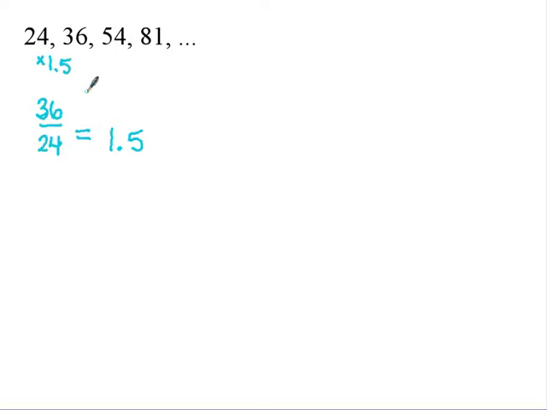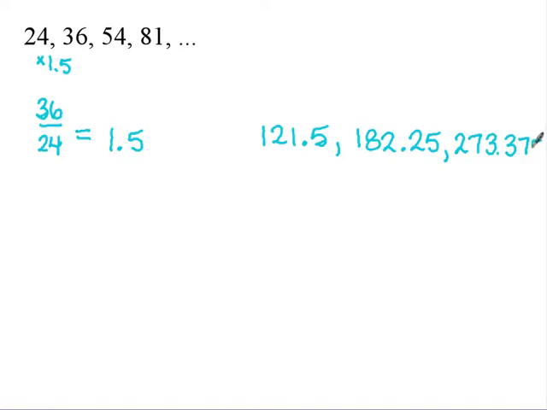Geometric, and I'm going to multiply by 1.5. What do you get when you take 81 times 1.5? 121.5. Keep going. 182.25. And what's your next one? 273.375. I did it wrong at first, but I got 273.375.